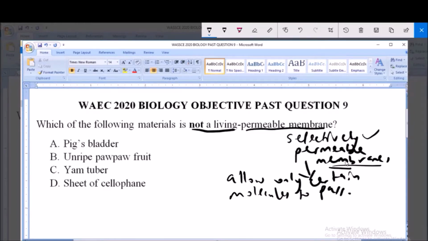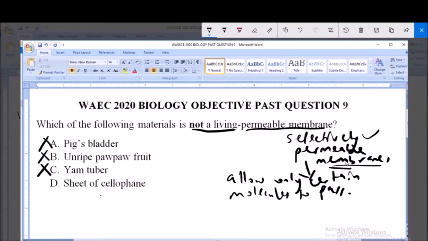So A, pig's bladder, is living, or it's made up of living cells, so it's not the answer. It's a living permeable membrane. B, unripe pawpaw fruit. Pawpaw fruit, of course, is living, so it's made up of living cells, so it is not the answer. Yam tuber, of course, is also living, so it's not the answer. However, sheet of cellophane.